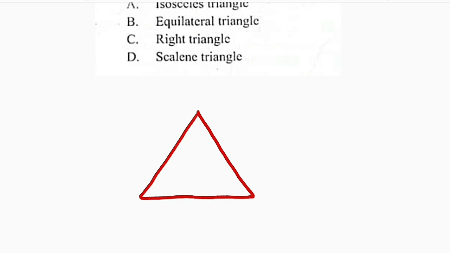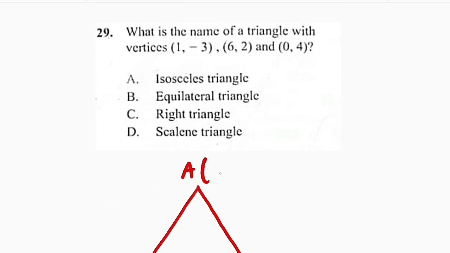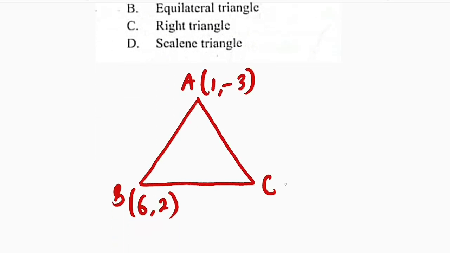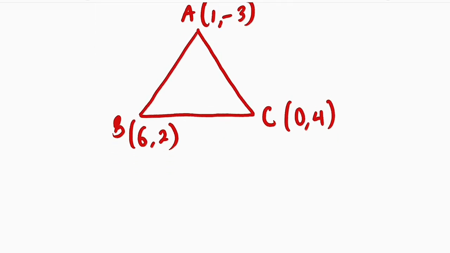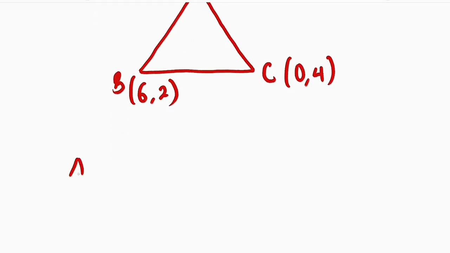Let us label it as A, B, and C. Then let's assume this is vertex 1 comma negative 3. Then this one 6 comma 2, and lastly 0 comma 4. How do we find distance? Let's find the distance between A down to B. AB will be equal to what?